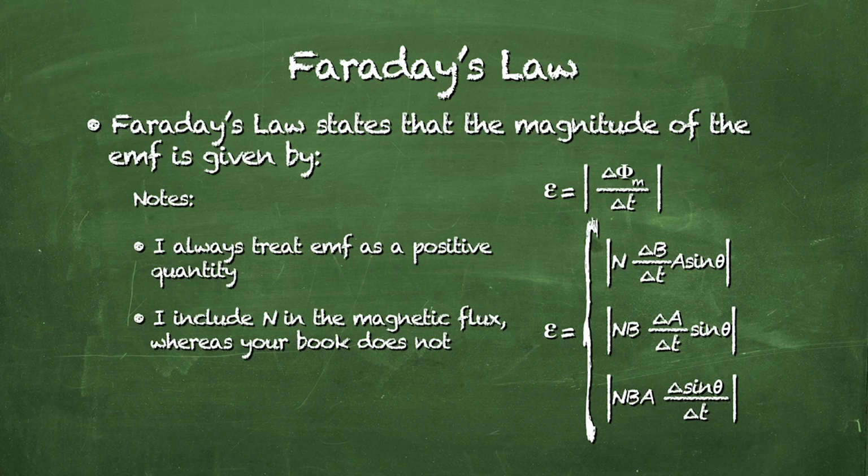So depending on what is changing, we can have three different expressions for the electromotive force, but they always include the terms N, B, A, and sine of theta. That's the magnetic flux. And we have the change in whatever is changing with respect to time. So Faraday's law gives us the magnitude of the electromotive force.